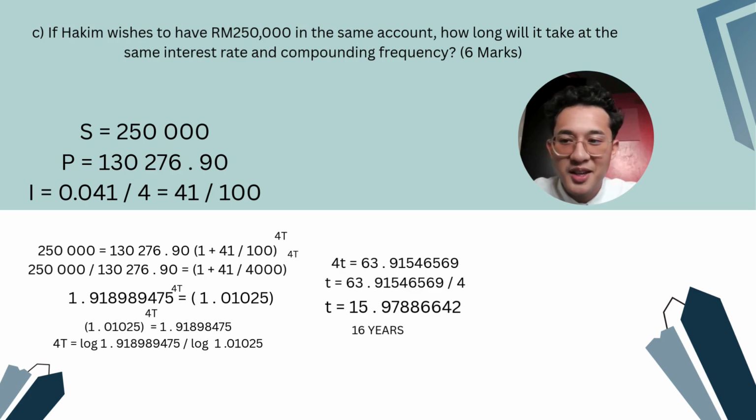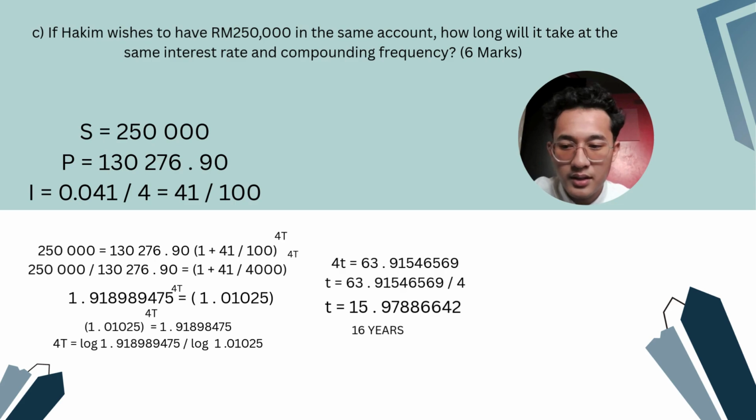To find the time needed, the compound interest formula is used. The future value equals 250,000 ringgit. The principal equals 130,276 ringgit and 90 cents.